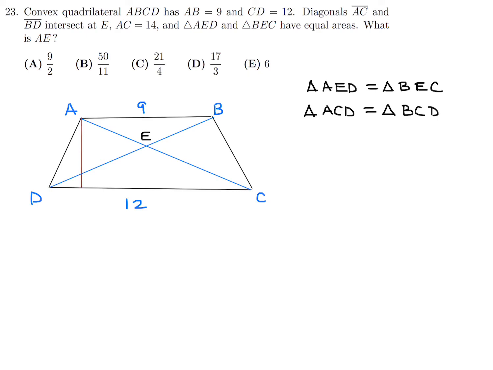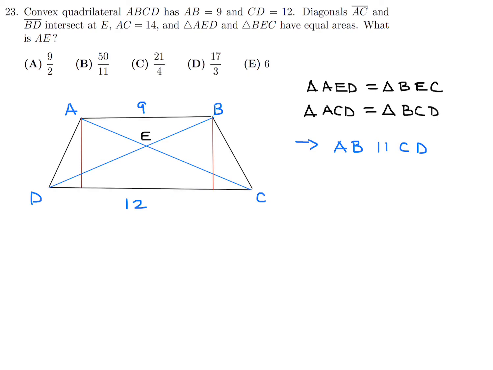If you were to draw perpendicular lines from A to the bottom and B to the bottom, those two lines would have to be the same length because these two triangles share the same base. And the only way they can have equal area is if these two heights are the same. And that allows us to conclude that AB is parallel to CD. This line must be parallel to CD.